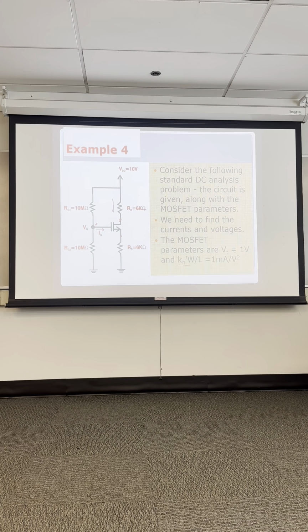Whether it's triode mode or saturation, we still use the same MOSFET parameters.